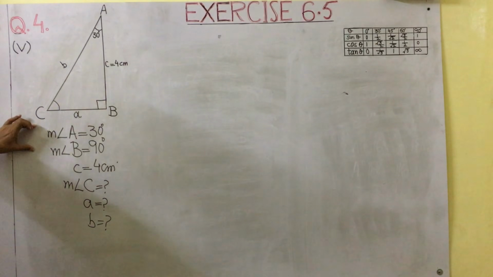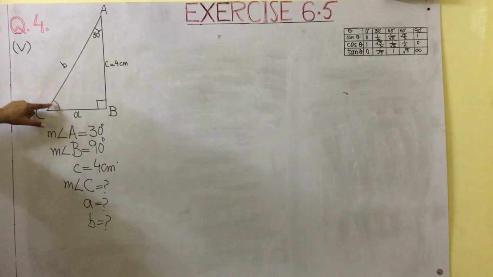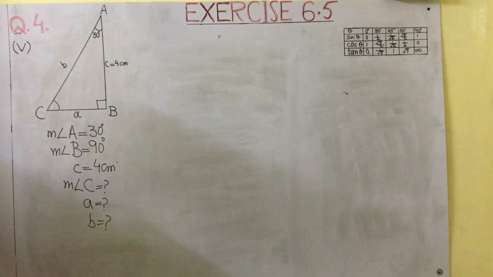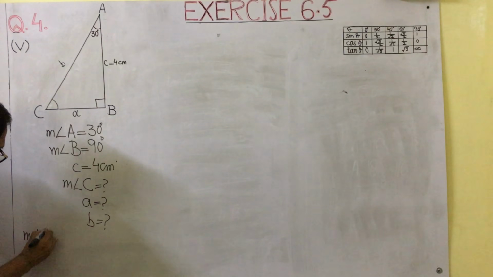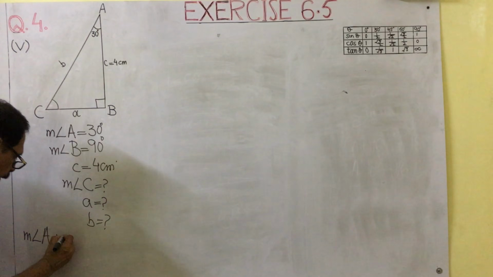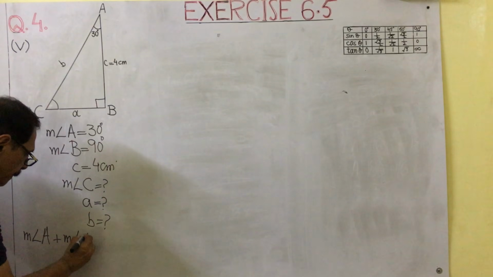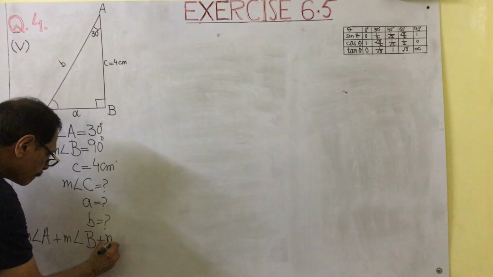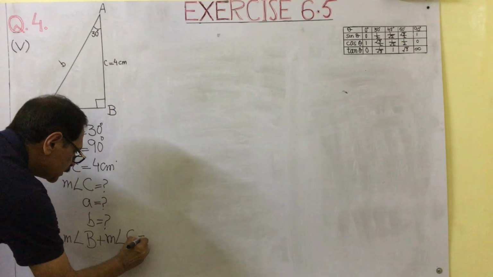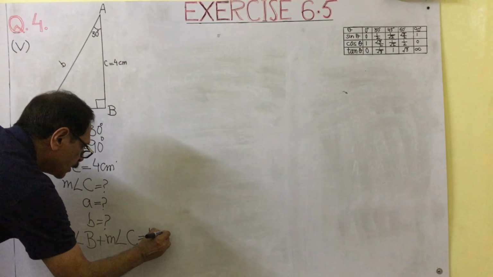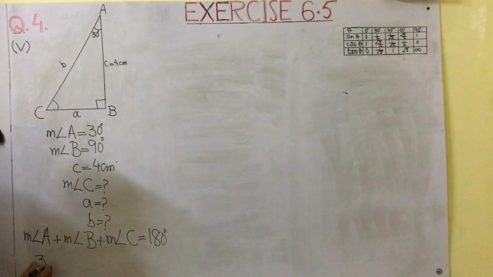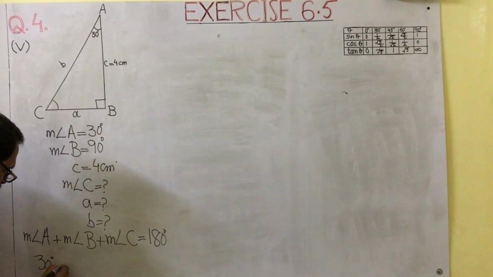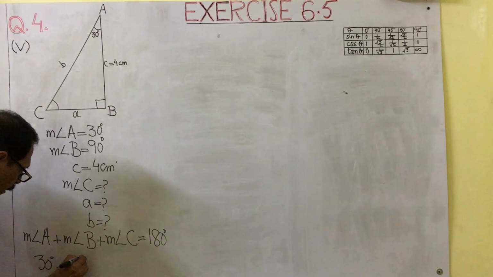Two angles are given. So we can find the third angle C by using sum of three angles is equal to 180 degrees. Angle A is of 30 degrees, putting the values. Angle B is of 90 degrees.